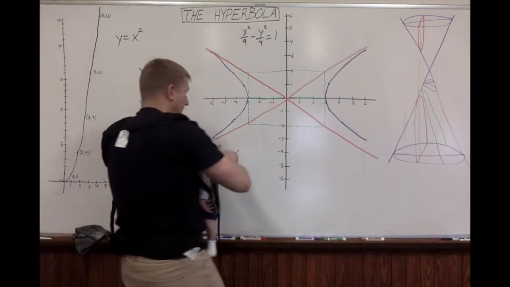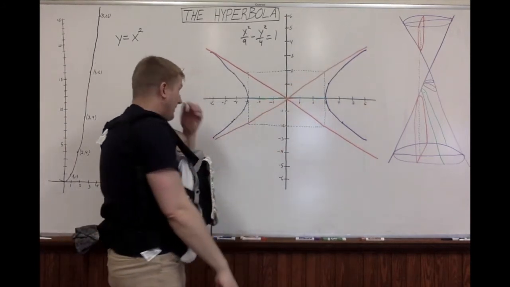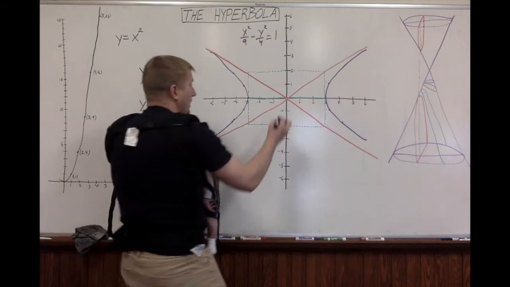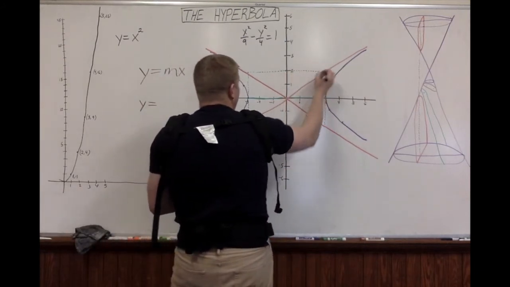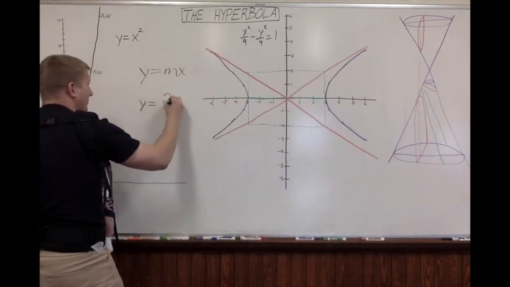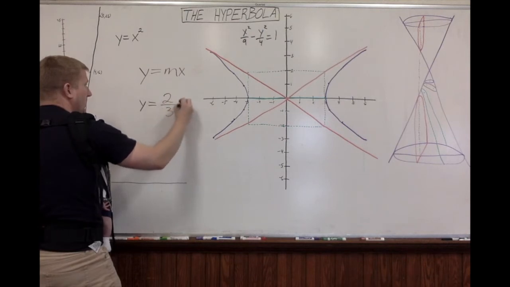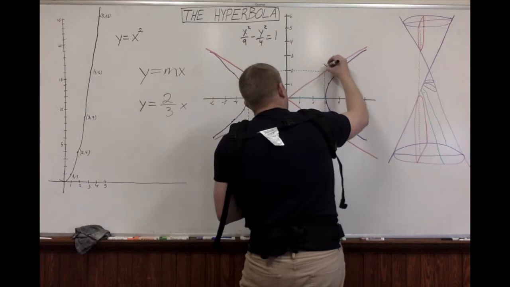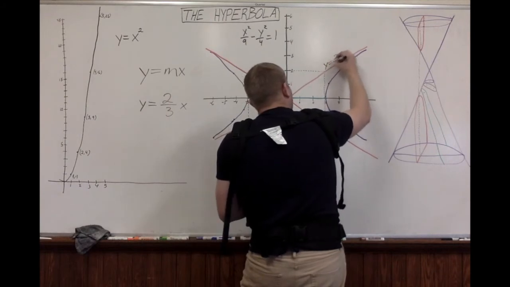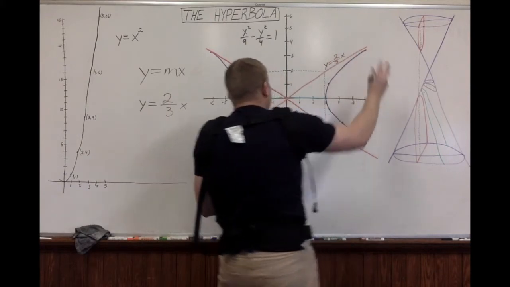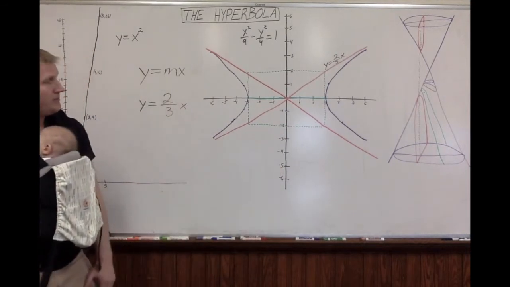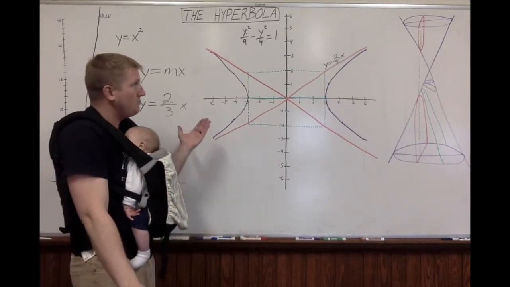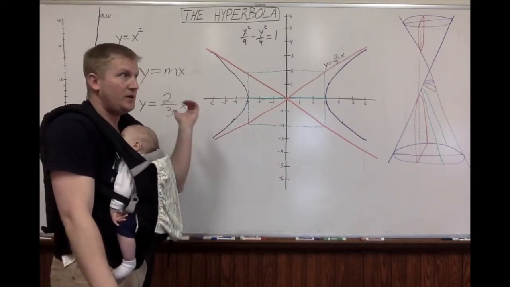So let's take this red line that has a positive slope first. We're going to rise 2 and run 3. So that has a slope of 2 over 3. All right. And this other asymptote is going to do the same thing, except it's going to be negative.